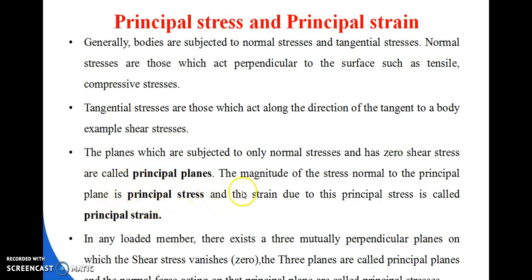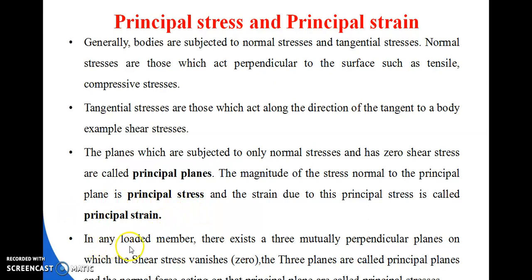Okay, so you have to remember the magnitude of the stress value. Then due to this principal stress, whatever deformation forms in that body is known as the principal strain. So this is all about principal plane, principal stress and principal strain.